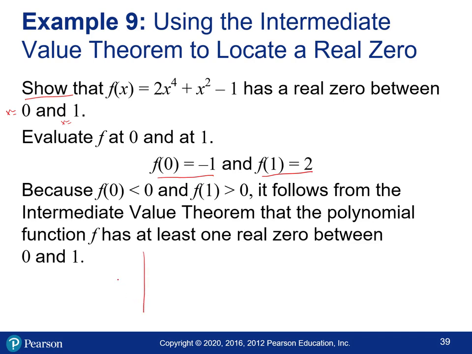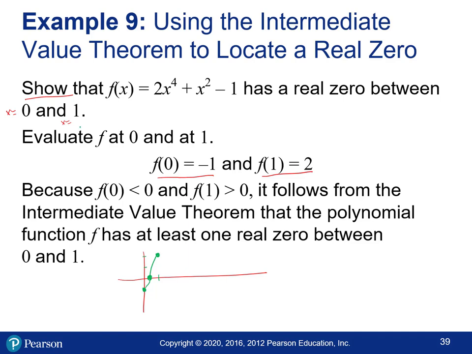As an image, if you were to plot those 2 points, f of 0 is negative 1, which is this point here. f of 1 is 2, which is about right here. If I put some tick marks for you, then somewhere in between, our function has to do something to where it hits the x-axis right here. So there's a real zero in between.